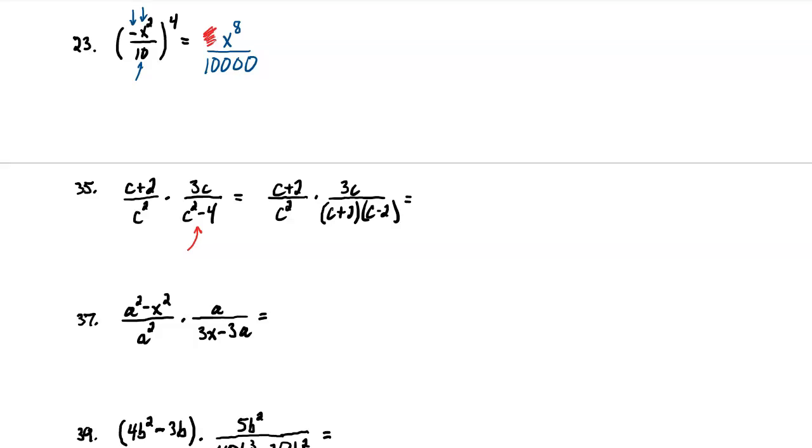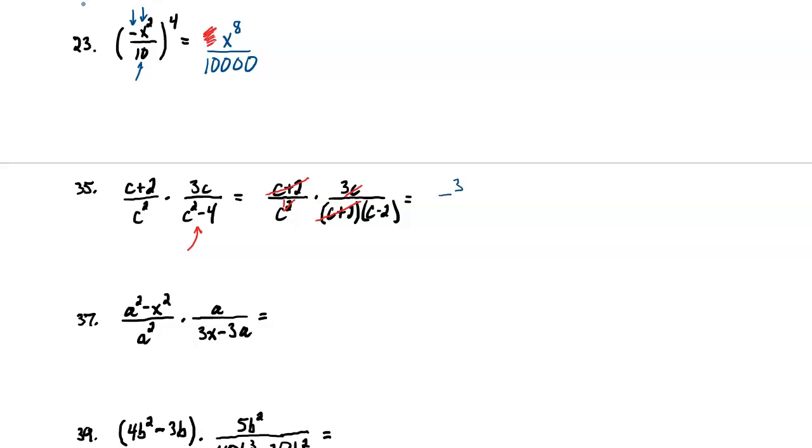The reason that you factor is so that you can now cancel common factors top and bottom. The c plus 2 cancels out the c plus 2. This letter c that's in the top can cancel away one of these, creating a new exponent of 1. Now let's write the final answer.